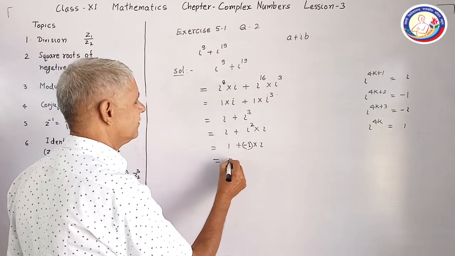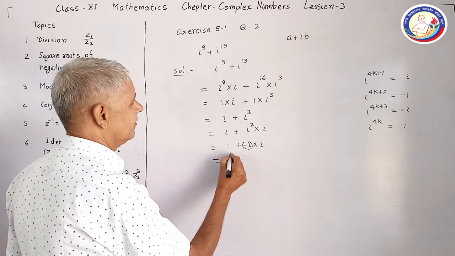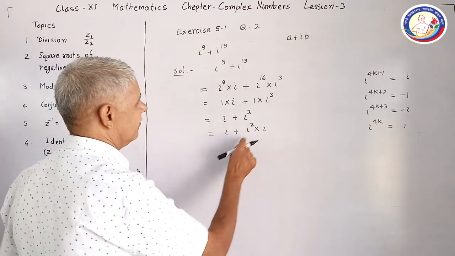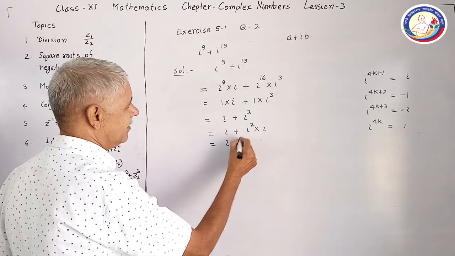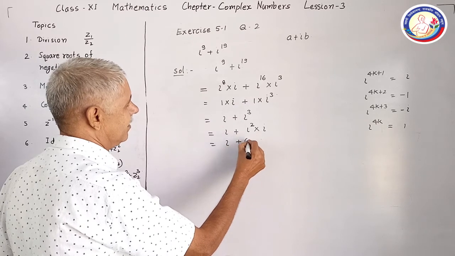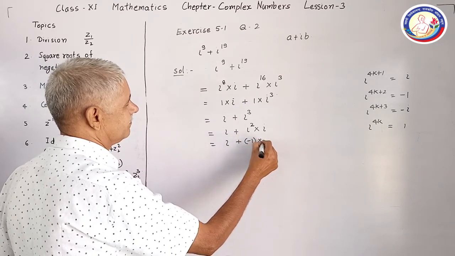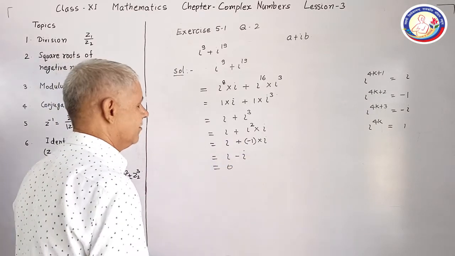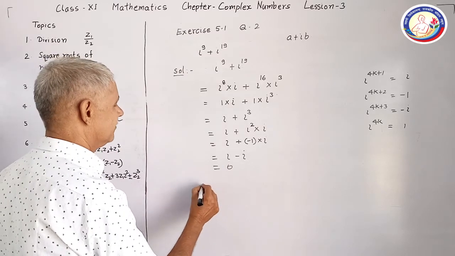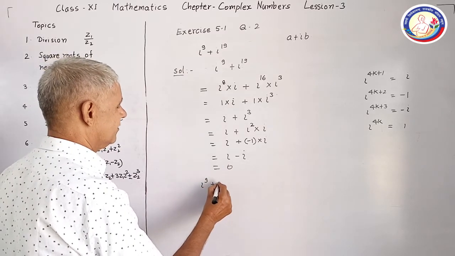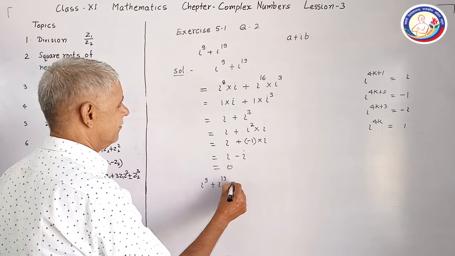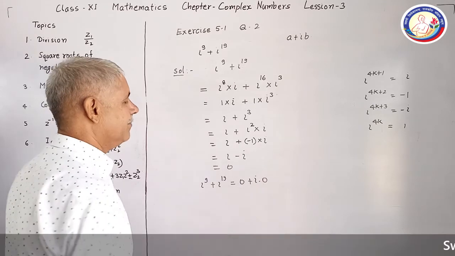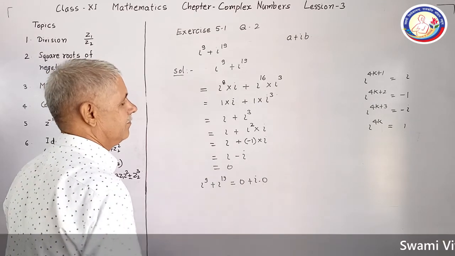So iota plus minus 1 into iota, that is iota minus iota. It is 0. And we can write it as iota raised to power 9 plus iota raised to power 19 equal to 0 plus iota into 0. This is the A plus iota B form.